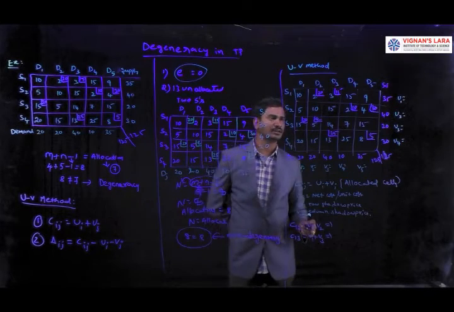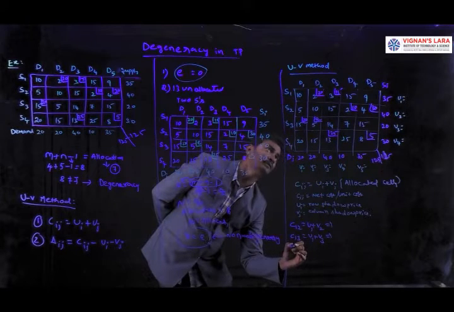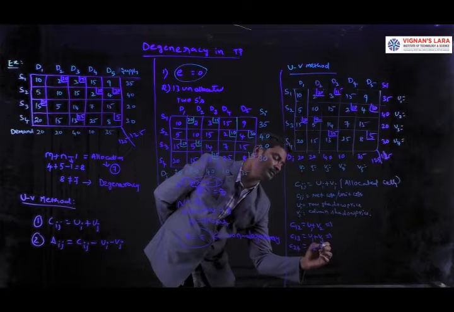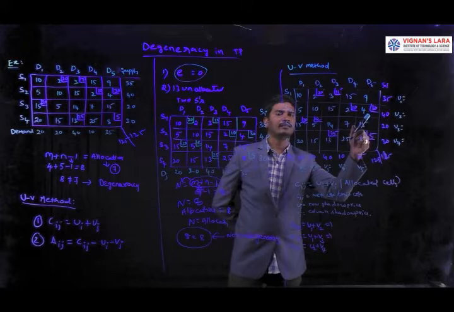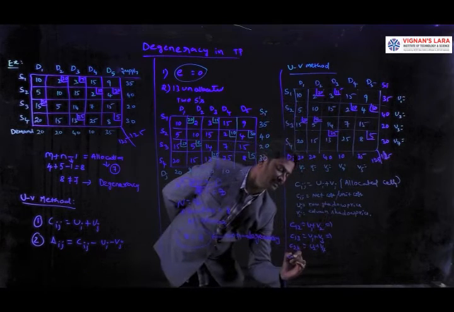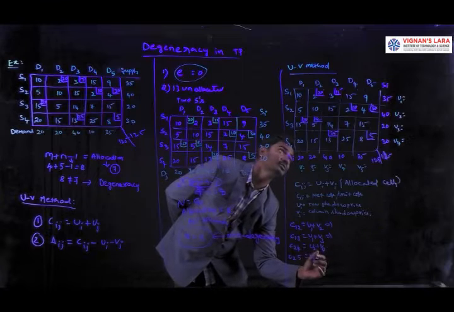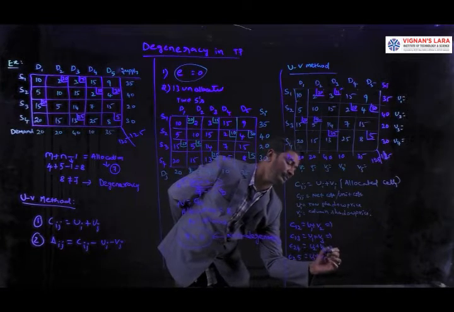Next, C24 is U2 plus V4. Next, another allocation, C25 is equal to U2 plus V5.